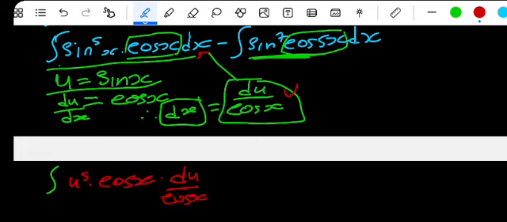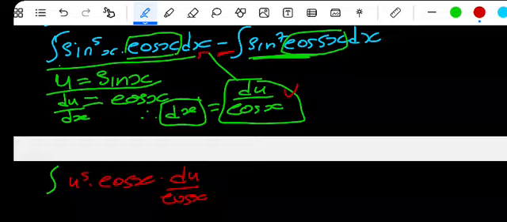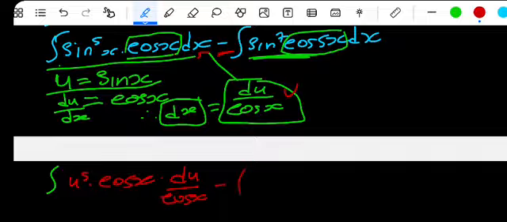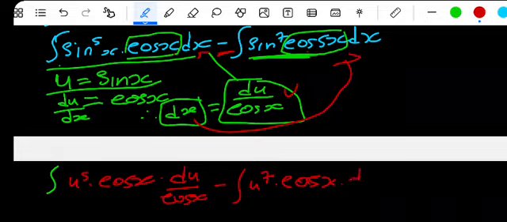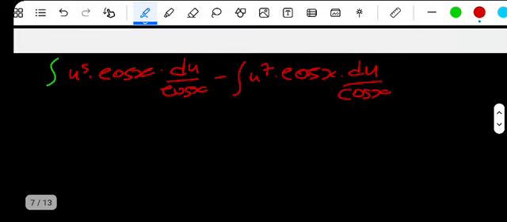Then we have our minus, so this will be minus the integral of u raised to the power of 7 multiplied by cos x, and if we substitute dx again, multiply by du over cos x.